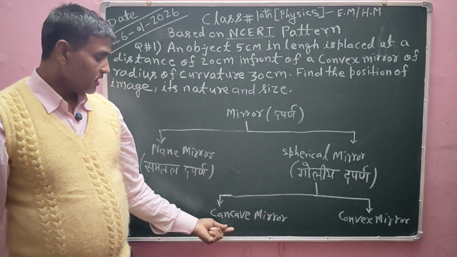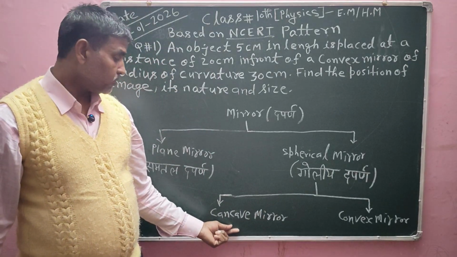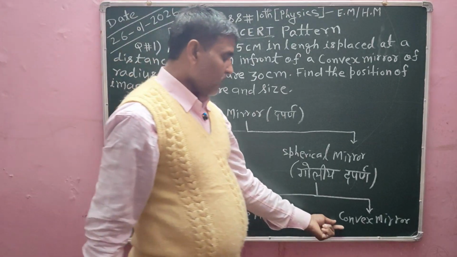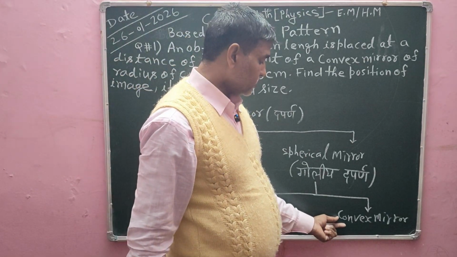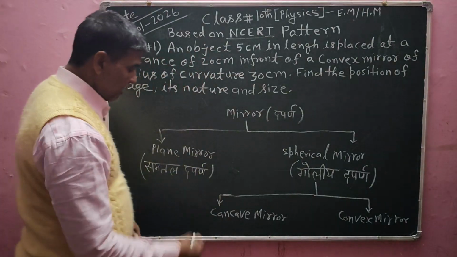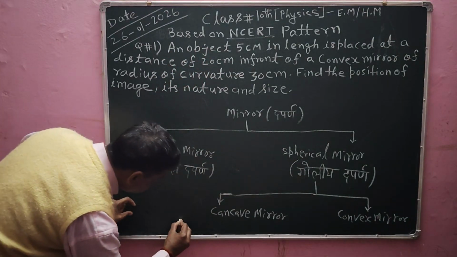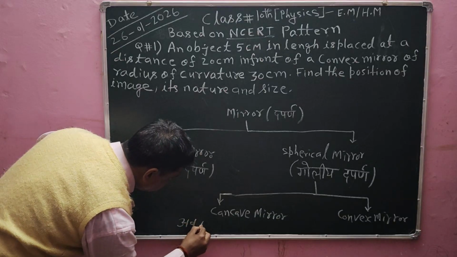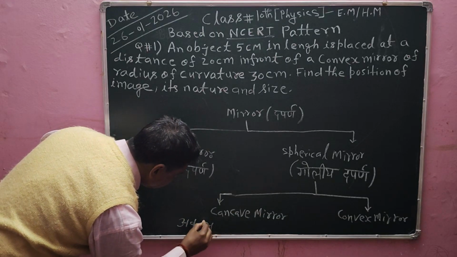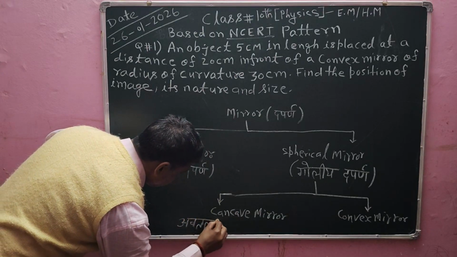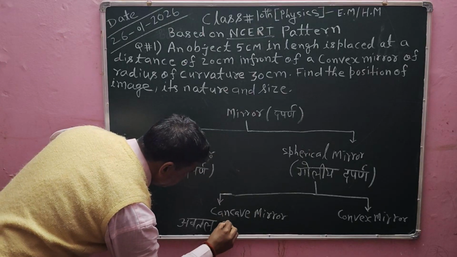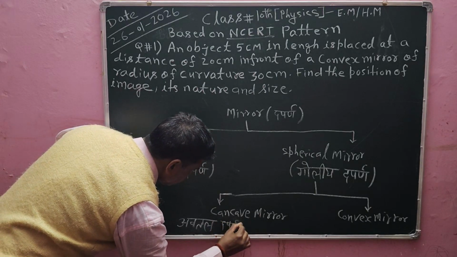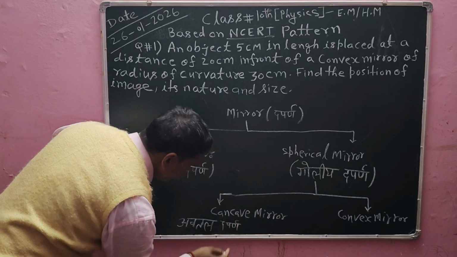In Hindi, concave mirror को अवतल दर्पण कहा जाता है और convex mirror को उत्तल दर्पण कहा जाता है. So I am going to write its name. This is the अवतल दर्पण.